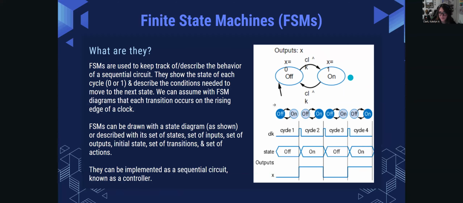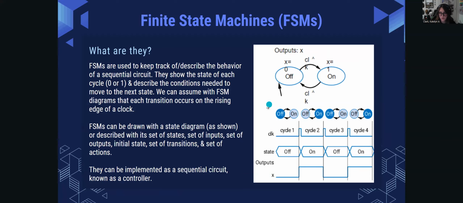So every time we see a diagram like this, we can assume that the transition is occurring on the rising edge of the clock. So you don't really need this CL here, because we're assuming that it's the rising edge, just for the purpose of this class, because otherwise things get confusing and it's a lot more complicated than need be. Cool. So they can be drawn. This is what a state diagram is.